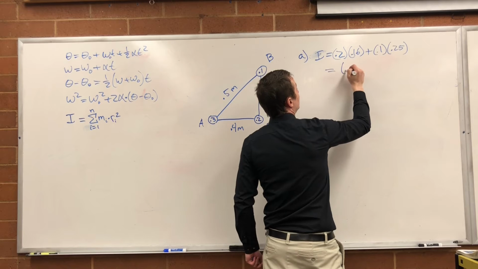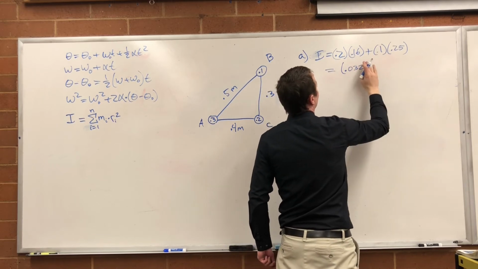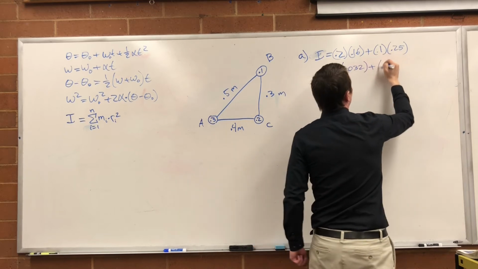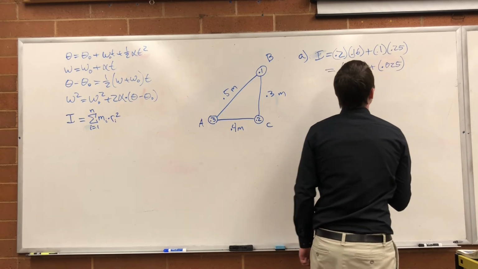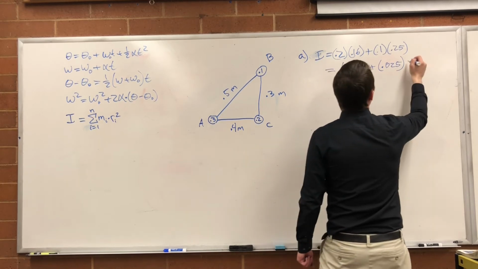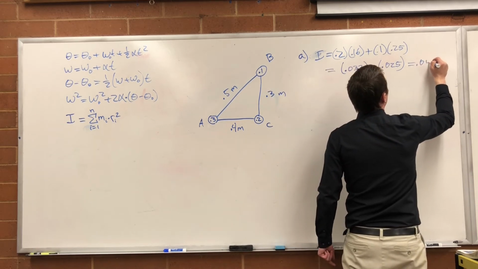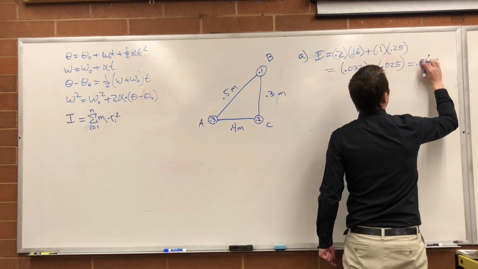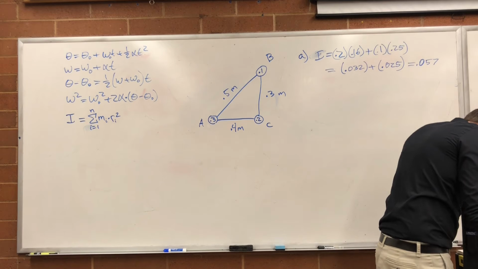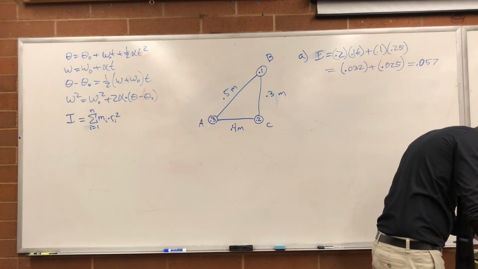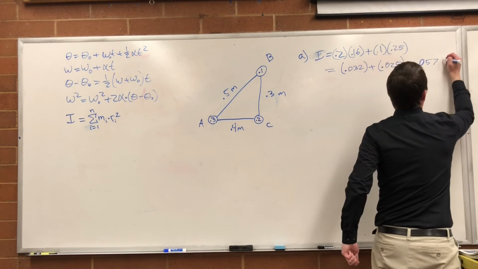So that one's going to be 0.032, plus this one's going to be 0.025. So when we add those together, we get 57. Did I do that right? So 0.057, part A, 0.057 kilogram meters squared.